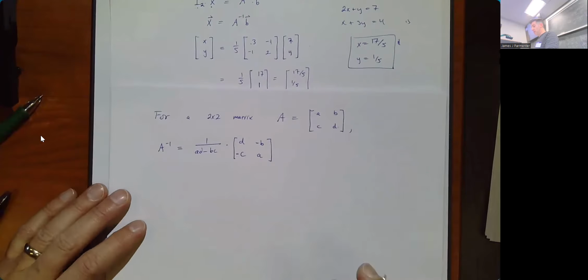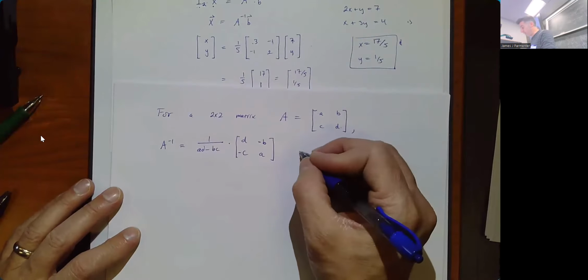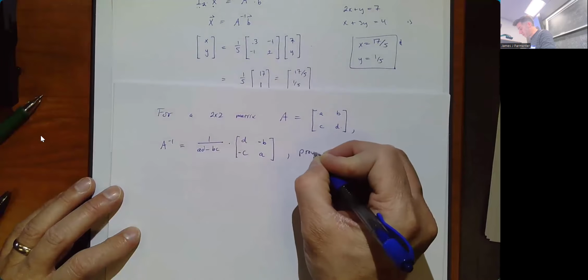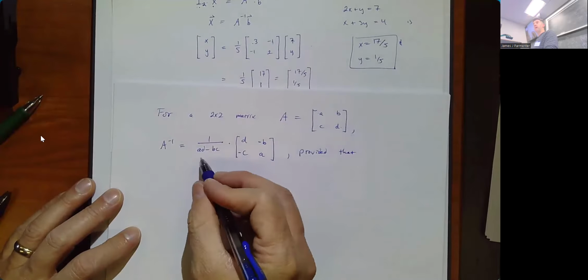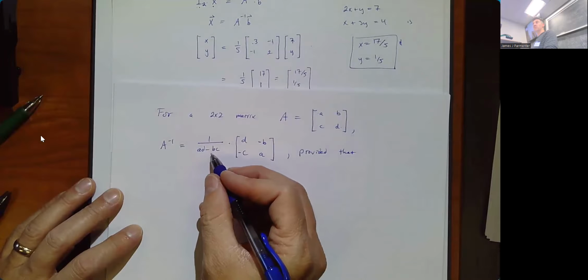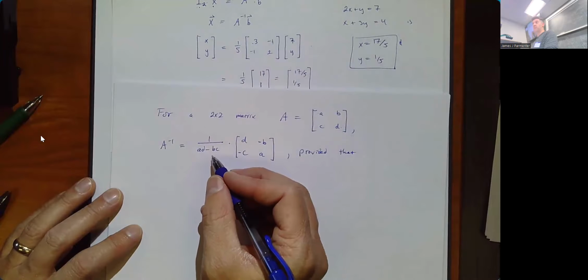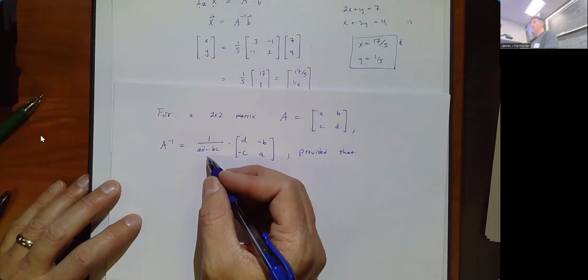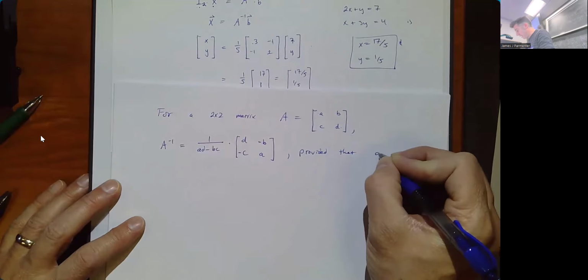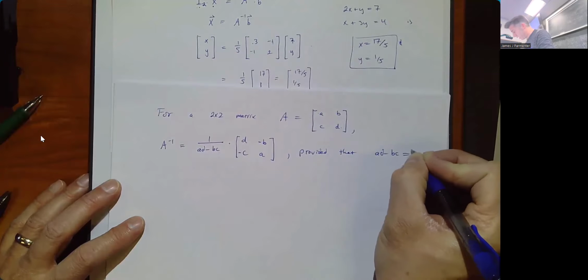Now, this equals this provided that this thing you're dividing by here isn't what? What would be a problem for us to try and divide by? Right, provided that AD minus BC is not equal to 0.